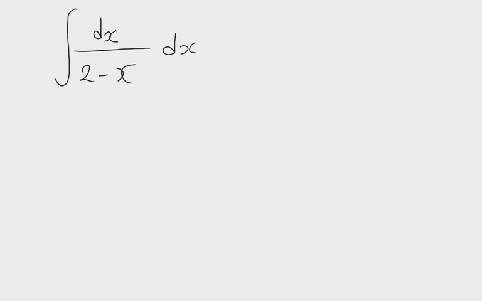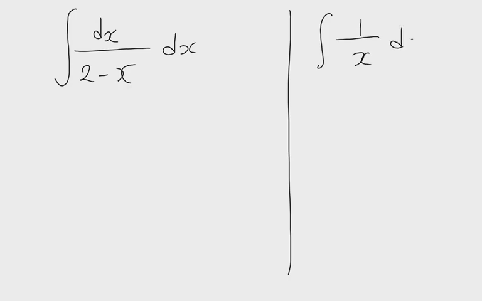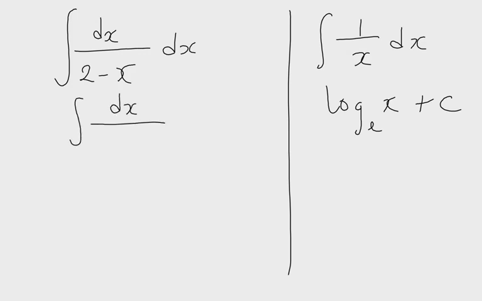Now, take note that in this kind of expression, if you compare it with the integral of 1 over x dx, we have ln x plus 3. Okay? So in this case, a constant has been added, but this one is a positive x and this is a negative x. So let's just write it in this form: dx all over minus x minus 2 dx, so that we are going to have a positive x.